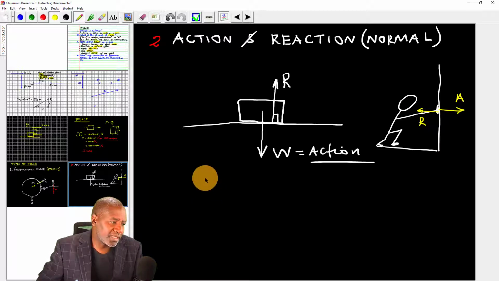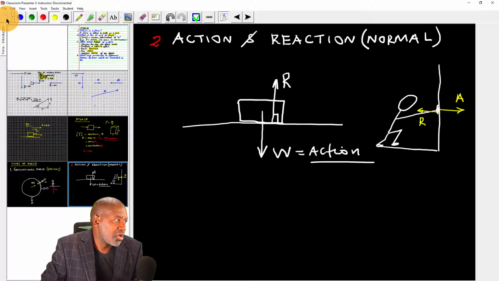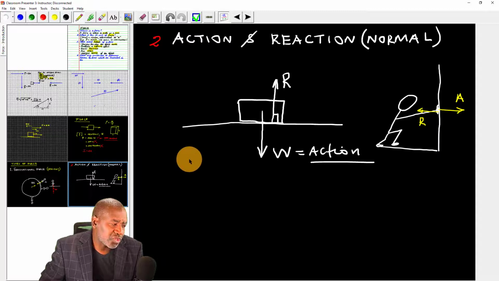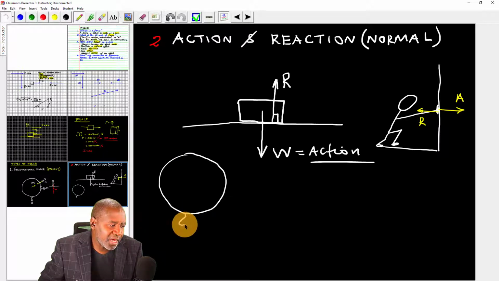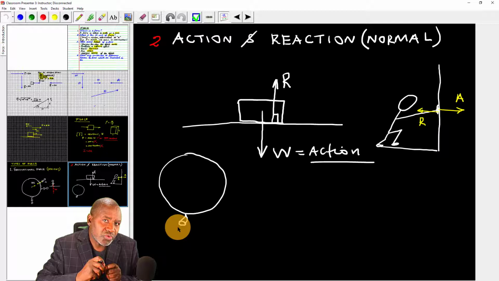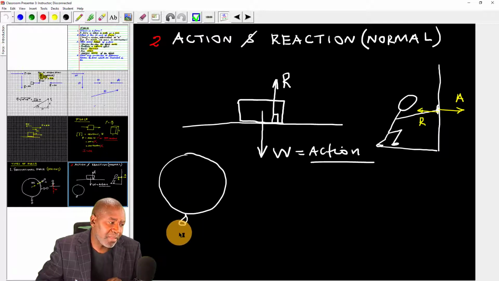Let's look at another situation. We may have a situation where we've got a balloon. If you allow the air to come out of the balloon, you loosen the string so that it comes out with a great amount of pressure. If you allow that to happen, the air will come out with a lot of force. That will be the action.